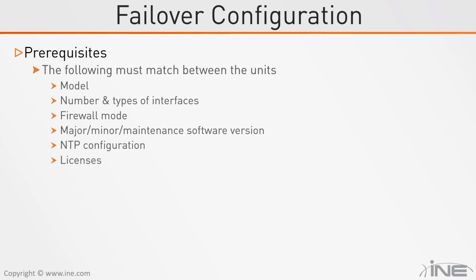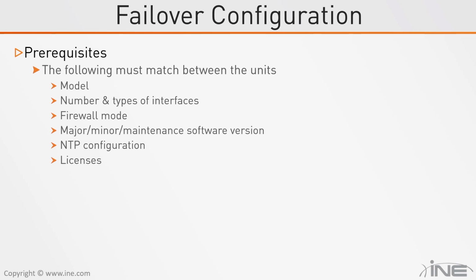Now, in case of licenses, even if they don't initially match, the device will try to make sure that the licenses will be eventually unified. So this is going to work if you have the smart agreement signed with Cisco.